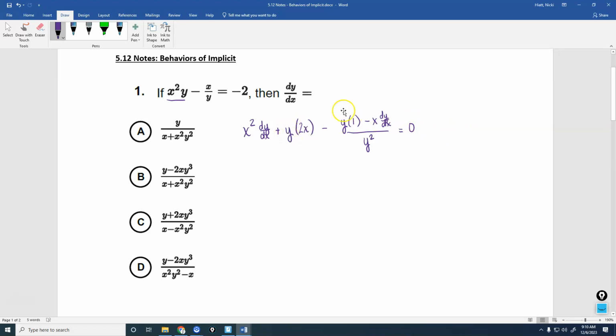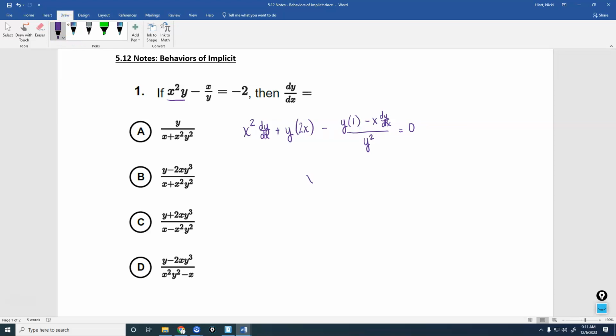So I think our best bet is to move things over here. I know this dy/dx really needs to be on the left side, but I'm going to move it over here so I can just multiply everything by y squared, and I'll move it back. There are so many different ways you could go from here.